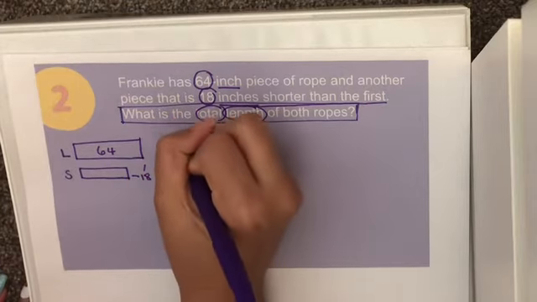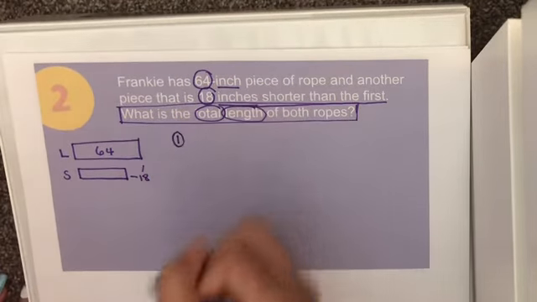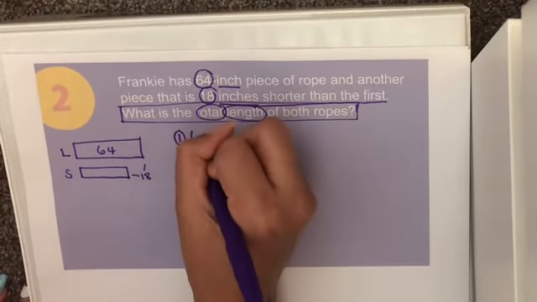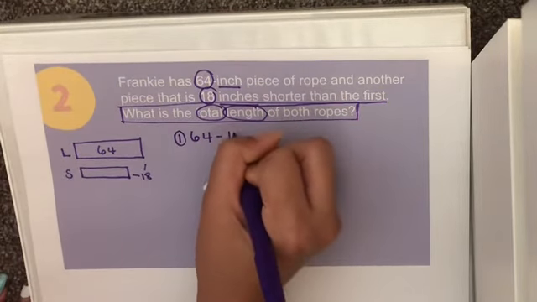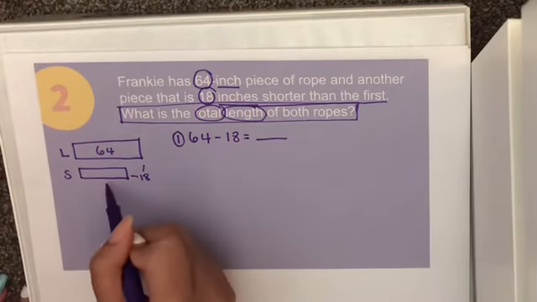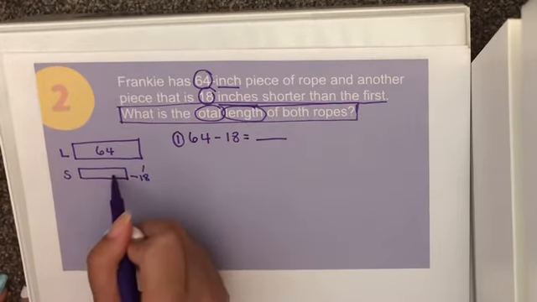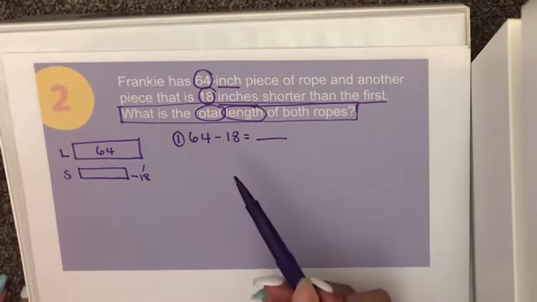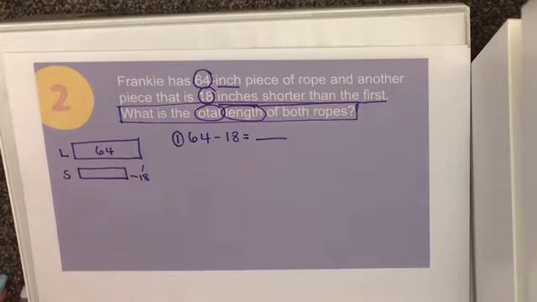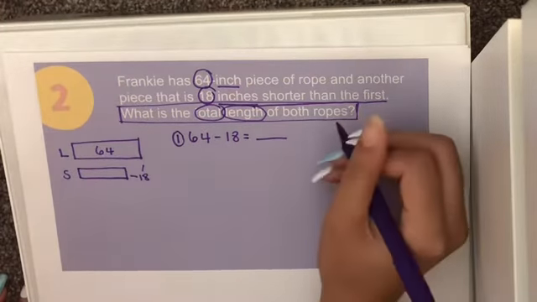So the first step we want to take is to basically subtract 64 minus 18 to figure out how long this rope is. Okay. Now, what's one way I can solve? Oh, I know, the same way I did before.